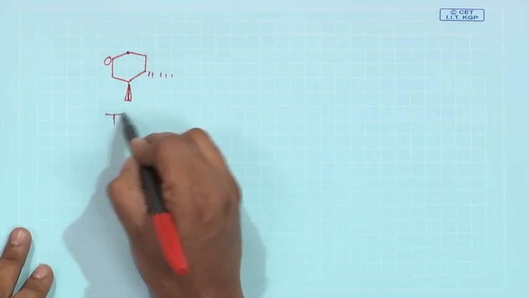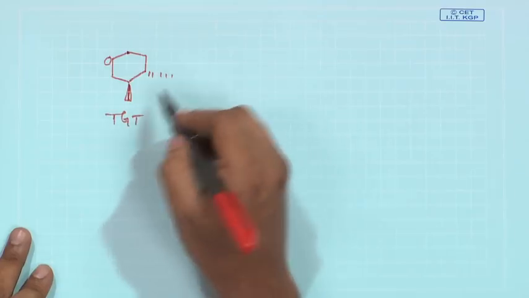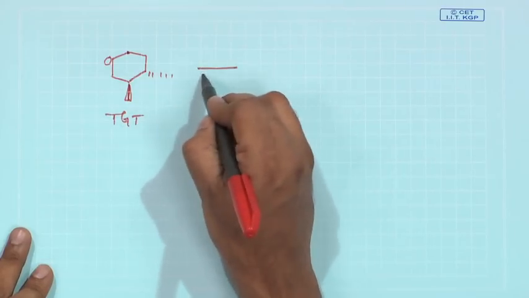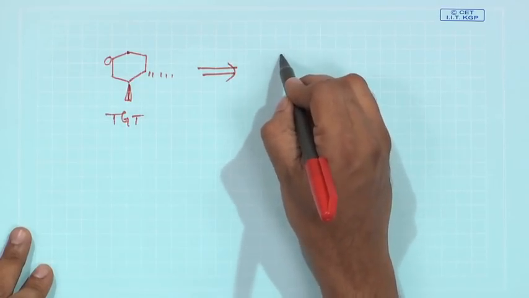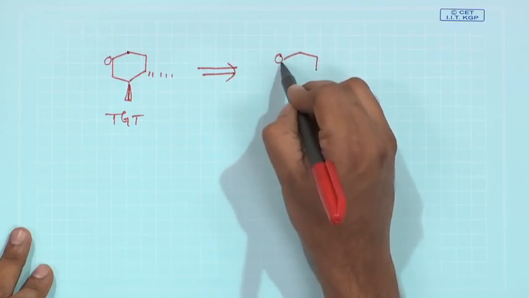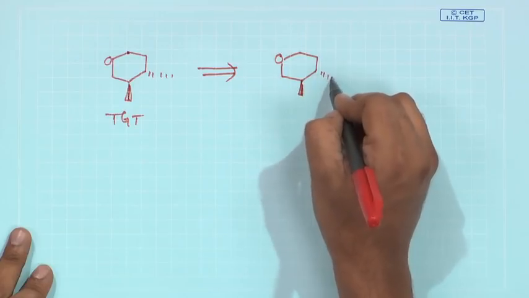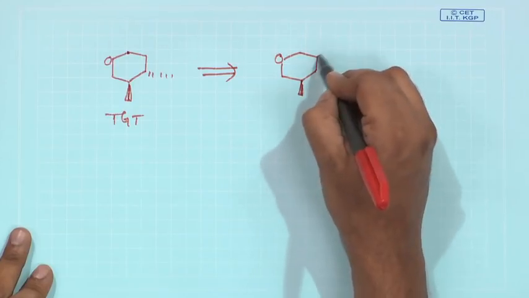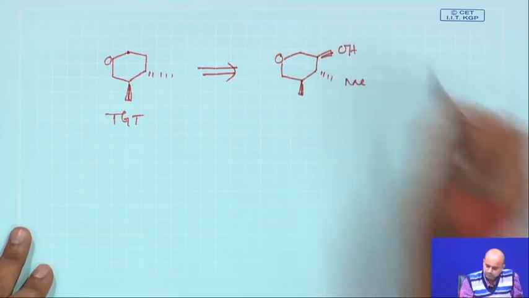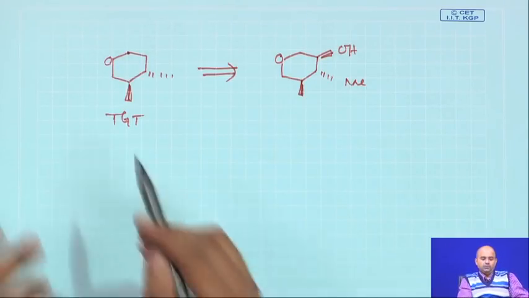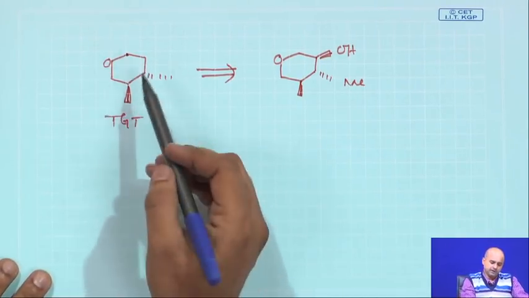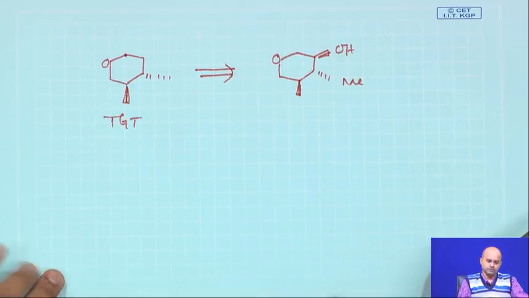Say the target molecule is something like this, and the starting material which was given to you. The target basically does not have an active functional group.